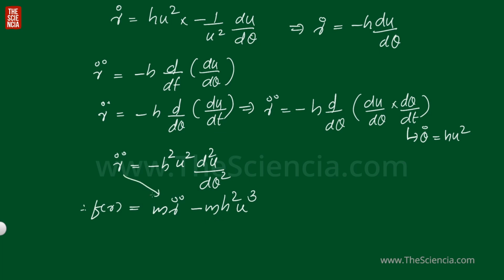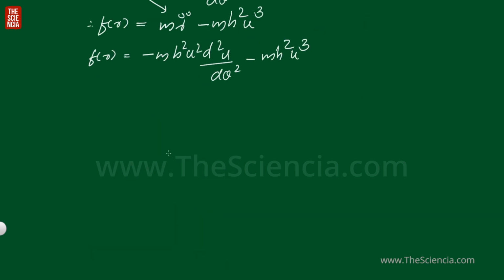Now I am substituting this value here, so I get f of r equal to minus m h square u square d square u by d theta square minus m h square u cube. Now once again I am rewriting this one, that is, here some common terms are there, so I am taking these common terms outside, that is m h square u square into d square u by d theta square plus u.